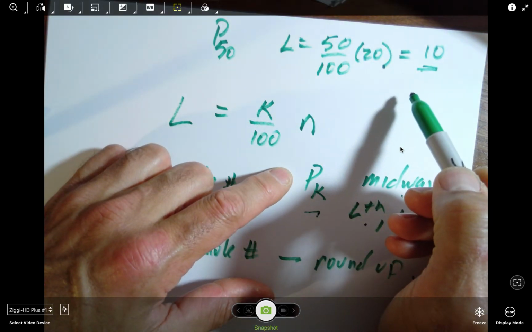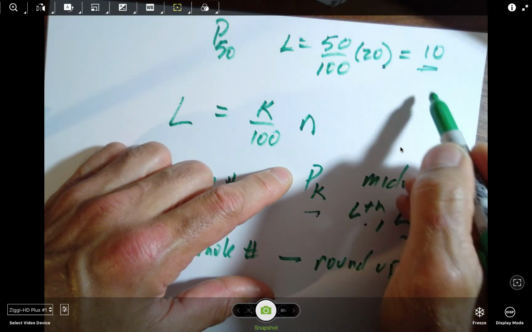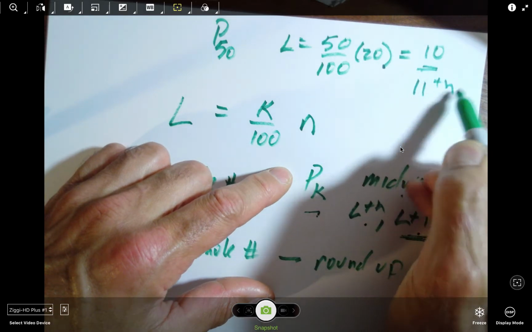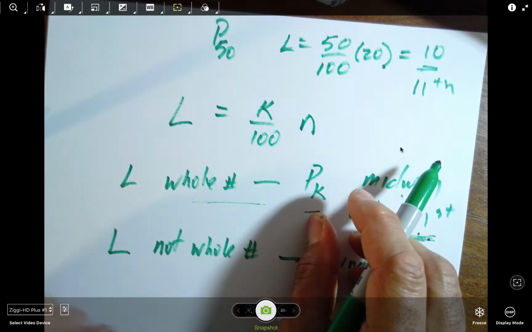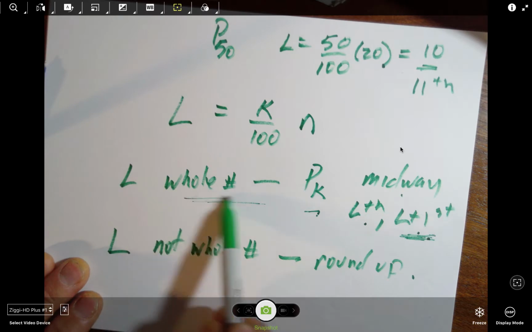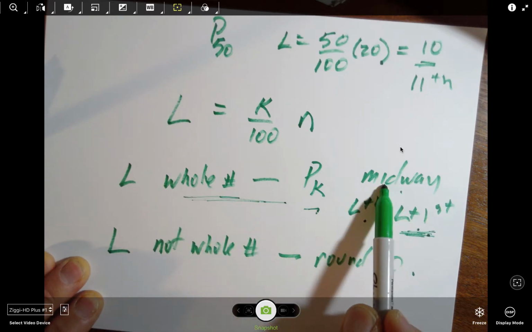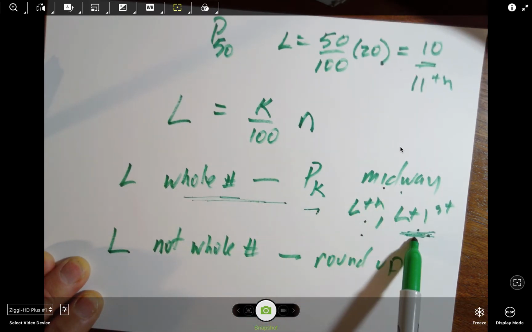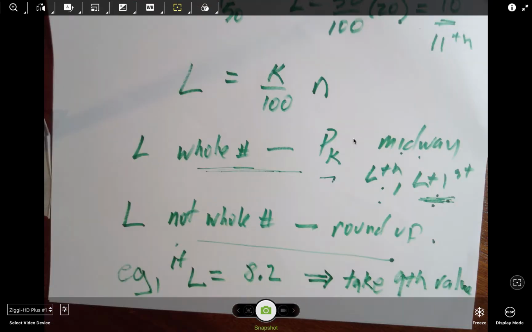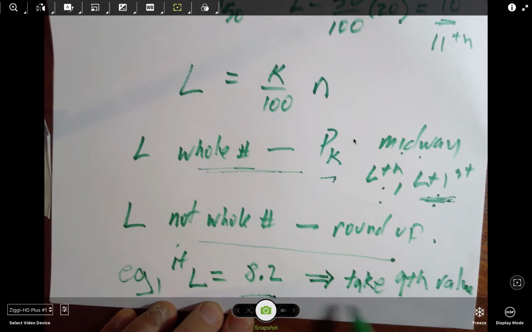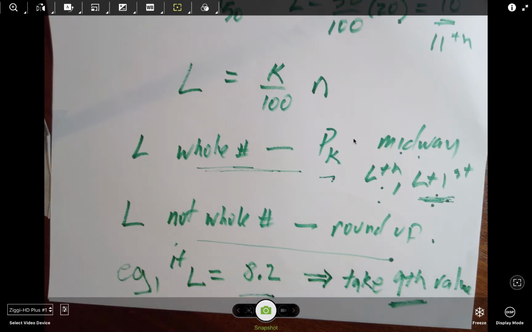We saw that the median was the midpoint between the 10th and the 11th values. So that's what we do when L is a whole number: we take midway between the Lth and the L plus first value. If L is not a whole number, we round up. So for example, if L turned out to be 8.2, we would take the 9th value in the data.